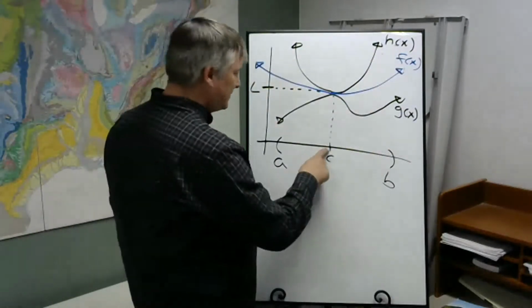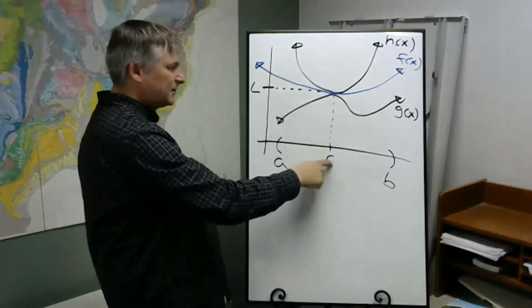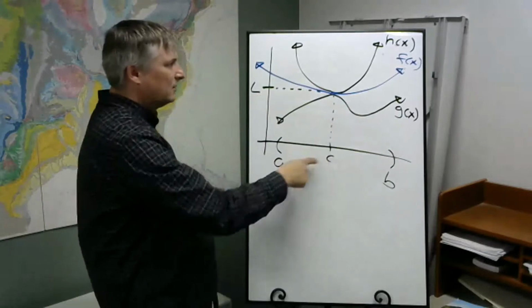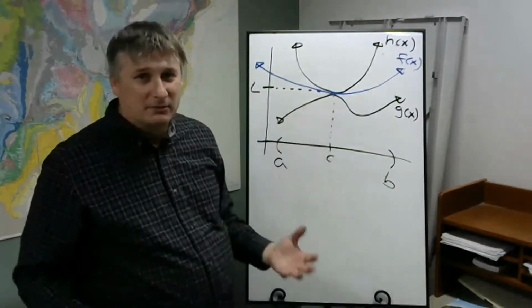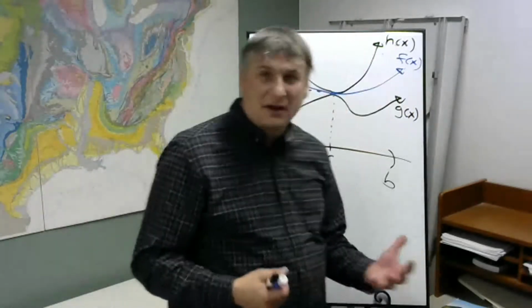Then as we get near c, if h of x has this limit near c and g of x has this limit near c, since f of x is between them, it's also going to have that limit near c. So that's the idea.